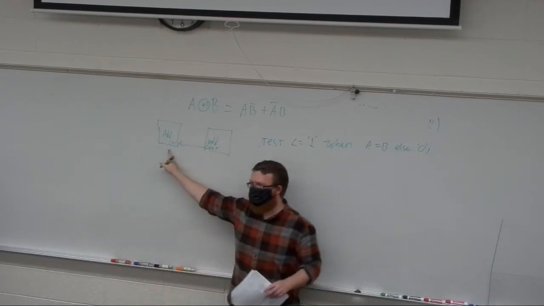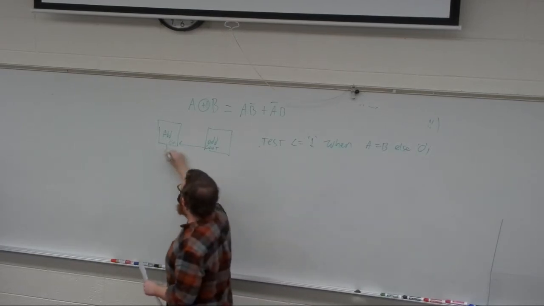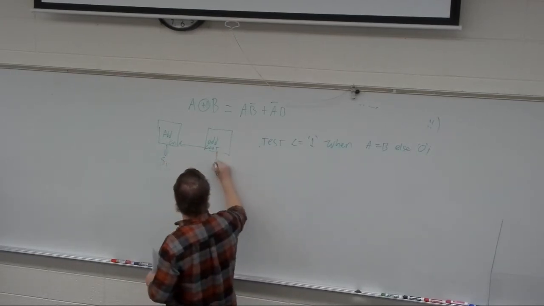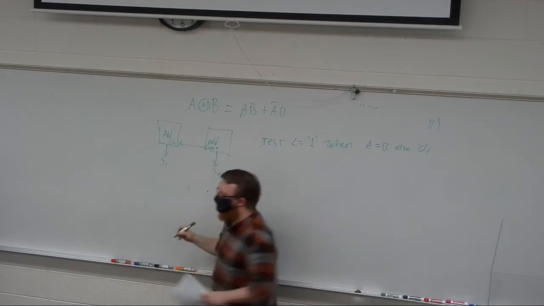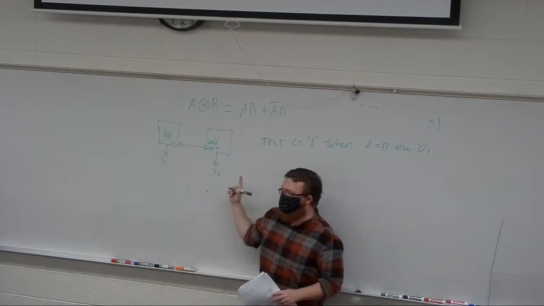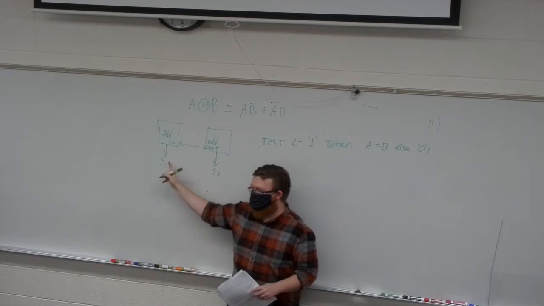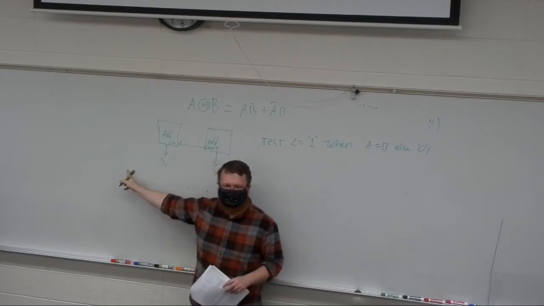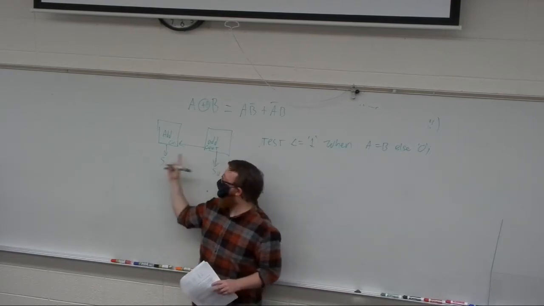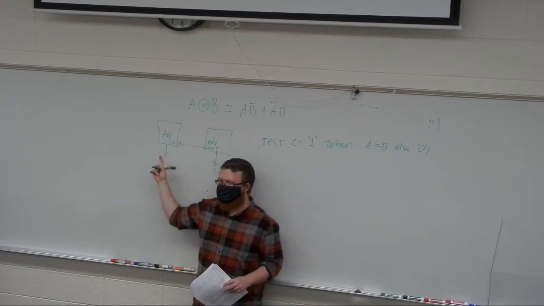The C out plugs into the C in and then calculates sum at 1. This is sum at 0, right? So when I start sticking these together, if I want a 32-bit adder, I need 32 of these blocks.